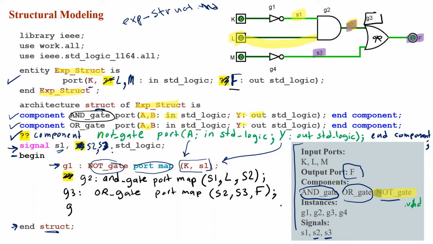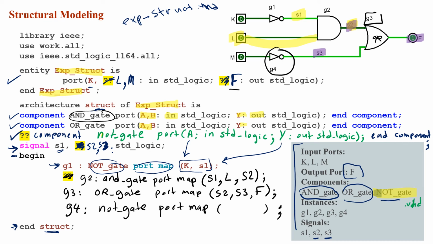Now the last gate that I will have to declare is actually this gate. So it's a NOT gate, NOT underscore gate, port map, open a bracket, close it, put a semicolon at the end, and then we will have to define the port mapping for G4.